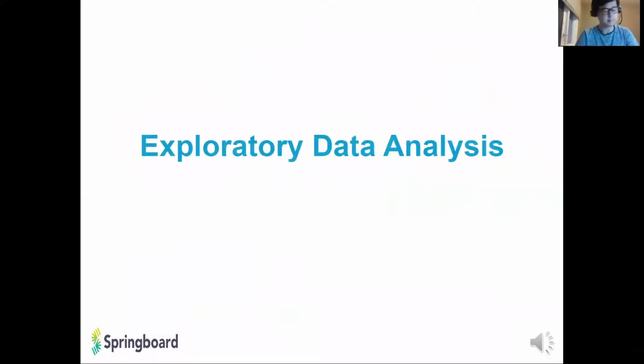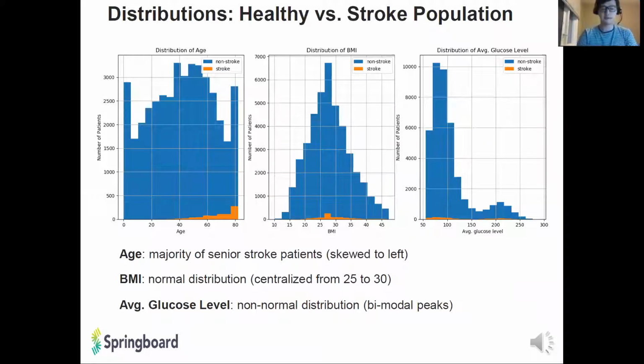Now, before I begin, let me highlight a little bit about the exploratory data analysis that I did. As you can see on this slide, this shows the distribution histograms for age, body mass index, and average glucose level for two different populations, non-stroke and stroke cases.